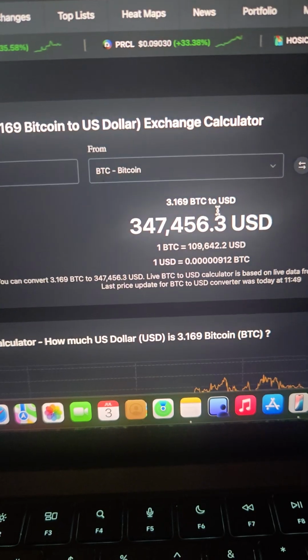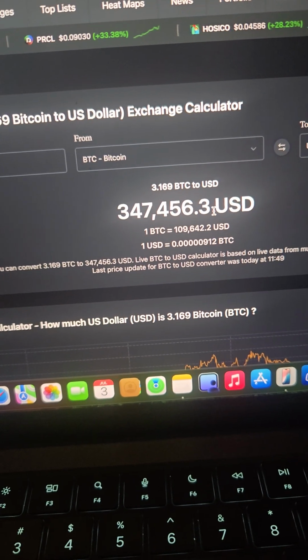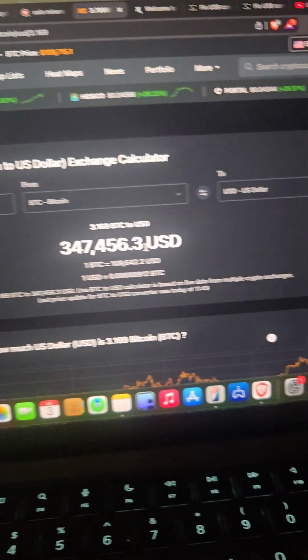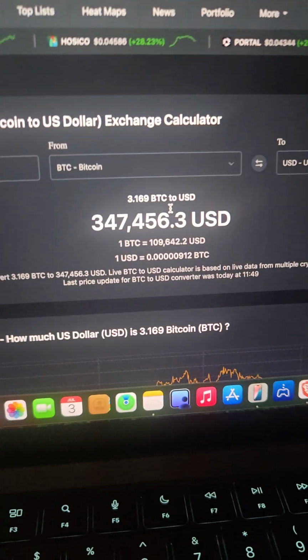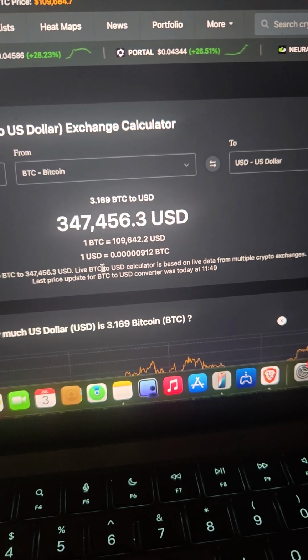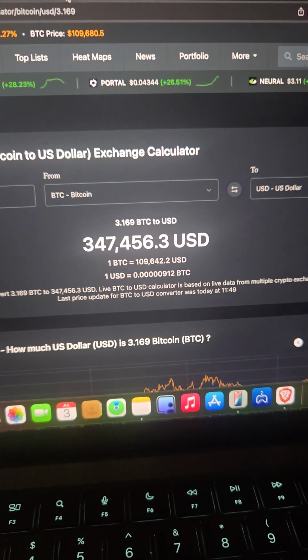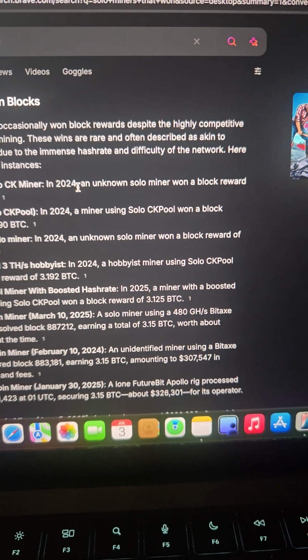Boom, look at that. $347,456.30. Now, could you imagine waking up to your laptop or your computer and it tells you that you have been rewarded a block of $350,000? That happened to a solo miner recently in 2024.